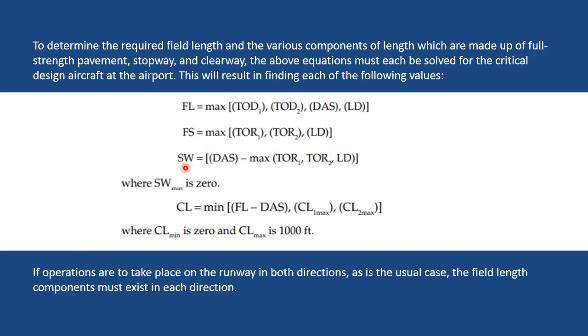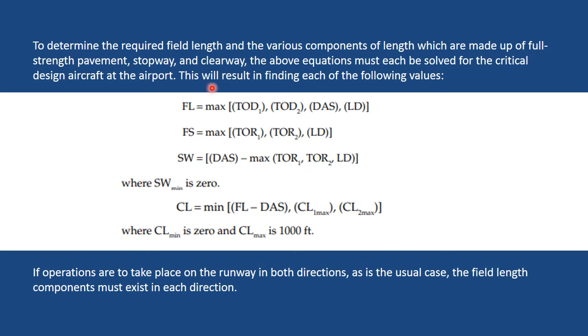As for the stopway, SW is DAS minus the maximum of TOR1, TOR2, or LG, where SW minimum is 0. And the last is the CL, or clearway, which is the minimum of FL minus DAS, or CL1 maximum, or CL2 maximum, where CL minimum is 0 and CL maximum is 1000 feet.